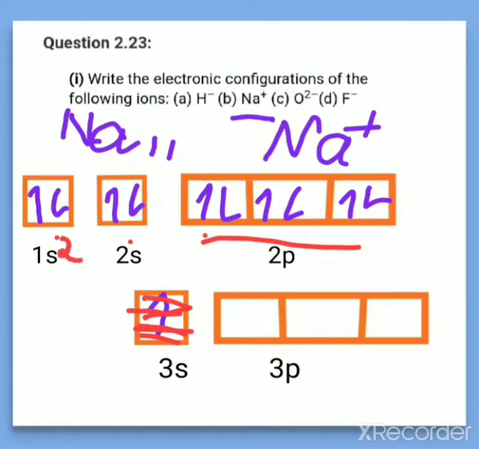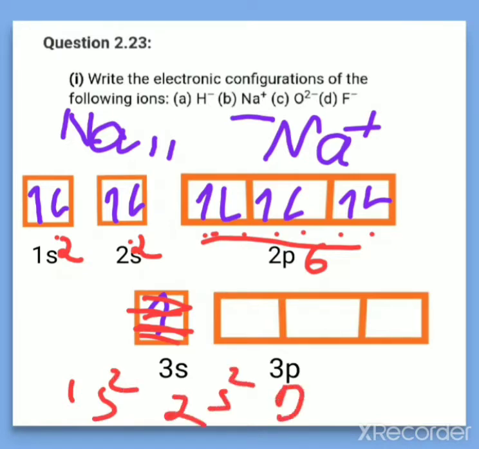That is 1s2, 2s2, 2p6. When you count the electrons here, it is 6 electrons, so 2p6. So the electronic configuration for Na plus is 1s2, 2s2, 2p6.